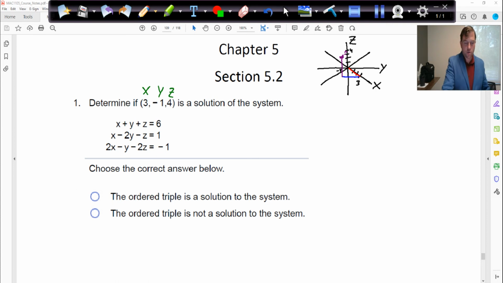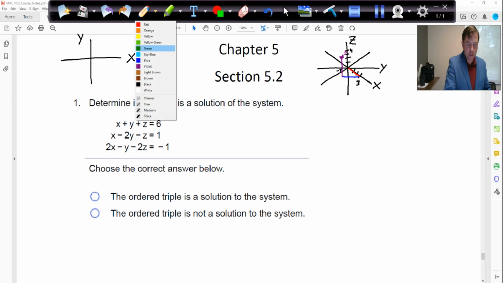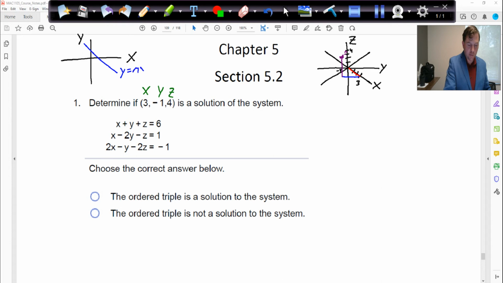In fact, in 2 dimensions, we've seen this. If you have x and y, and you have 2 lines, let's say one line looks like this, and that's governed by y equals mx plus b, and then you have another line, let's say it looks like this, and that's also y equals mx plus b.